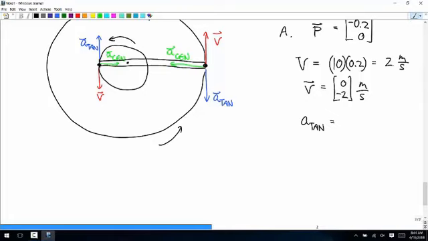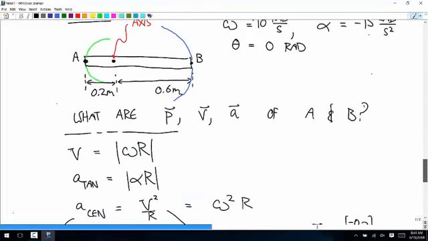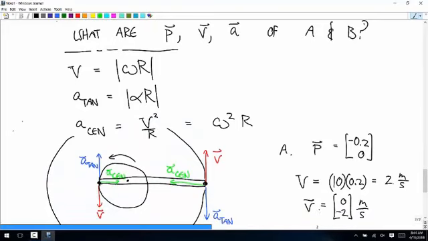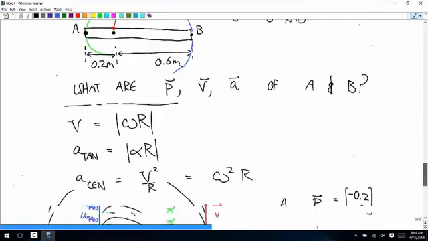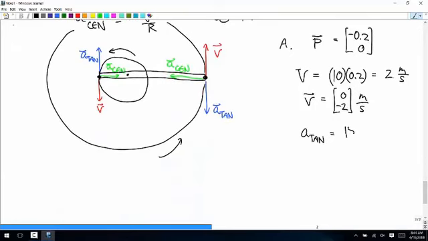So tangential acceleration is alpha times r is the magnitude. Alpha is 15, the absolute value. The radius is 0.2. So this is 3 meters per second squared, in the positive y direction, so as a vector, that's 0, positive 3.